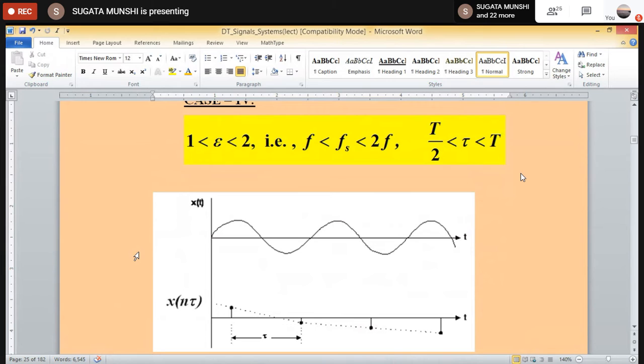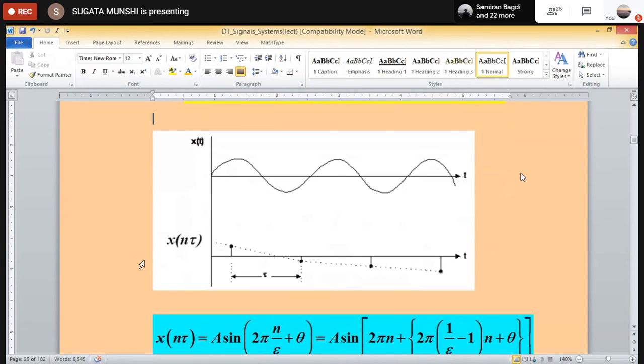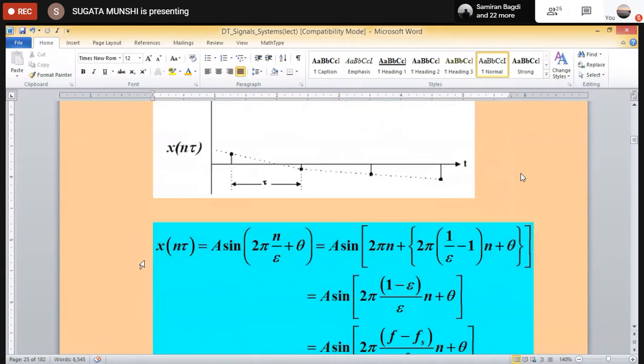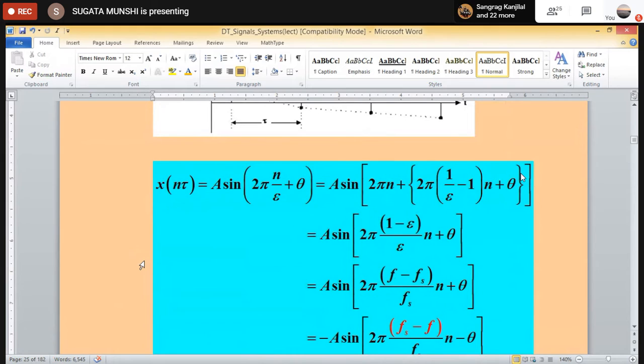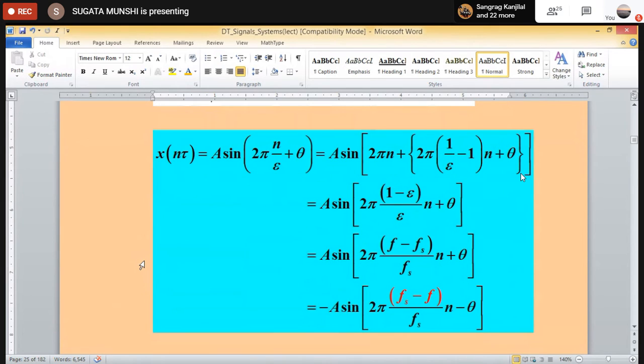I have added twice pi n and subtracted twice pi n to get it as minus a sine twice pi Fs minus f by Fs into n minus theta.